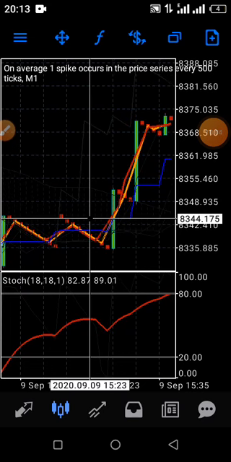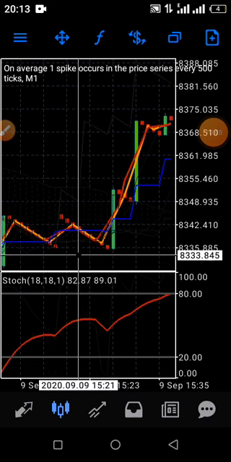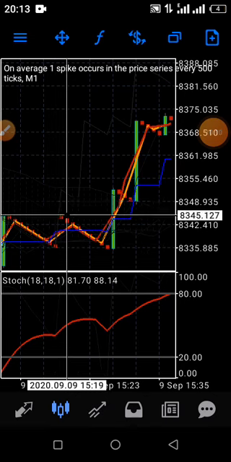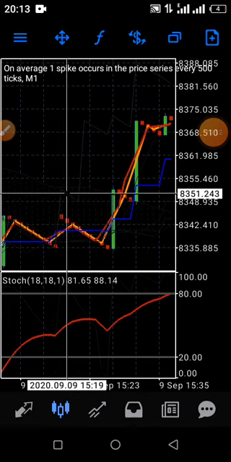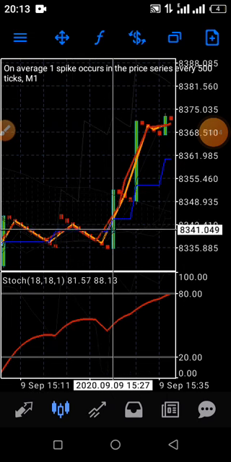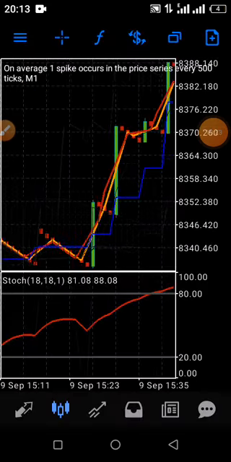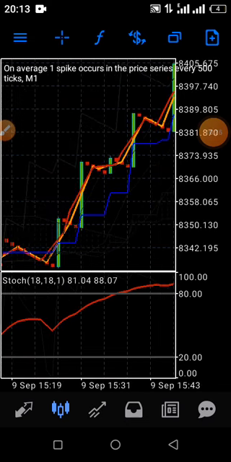Then you see spikes happening. So when it goes upwards like that, it doesn't cut through the alligator. It means the spike is about to happen like that. So even here it drags like that. It means another spike is about to happen. You see?